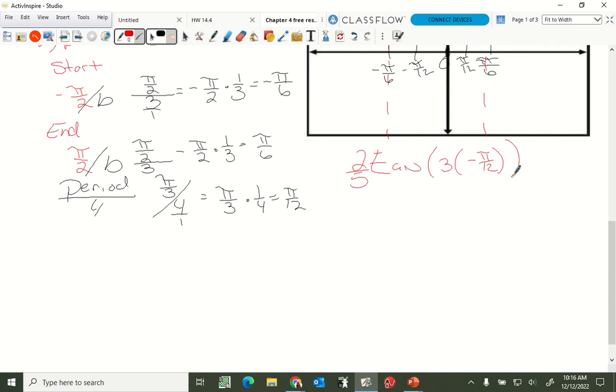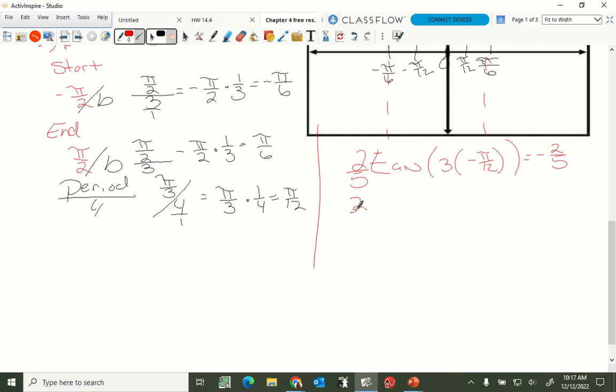Whenever we're doing the tangent and cotangent, I'm using the values that are going to give me either 1, negative 1, or 0. That's all I'm going to plug in. That's all I should be getting out of this. So that's going to give me a negative 1. Negative 1 times 2/5 is negative 2/5. If you plug this into the calculator, you will get the same answer.